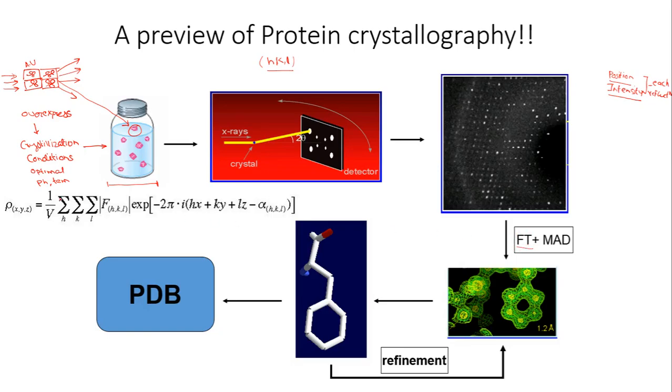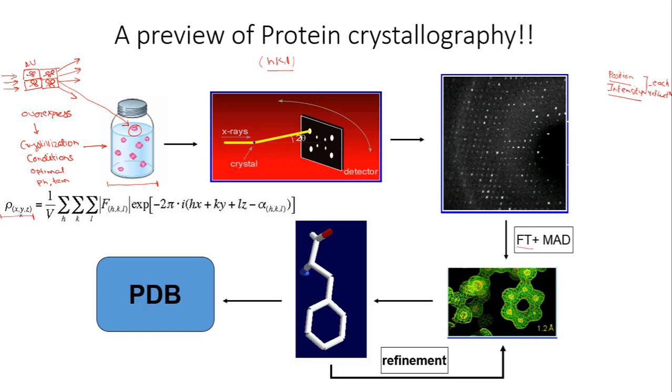The general expression of this Fourier transform is shown in this mathematical expression over here, where rho xyz corresponds to the electron density of the atom with position xyz for a spot having the index triple value HKL.